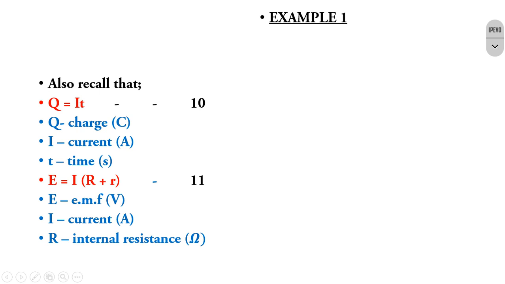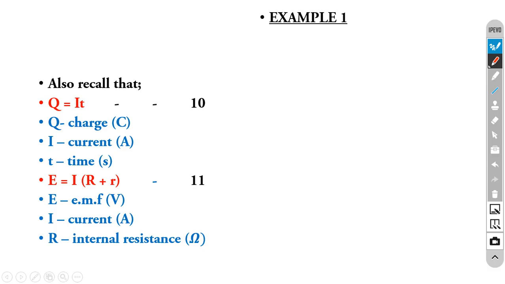Please note that small r is the internal resistance and big R is just the resistance. Okay, let me strike this off. All right, let's look at this example.